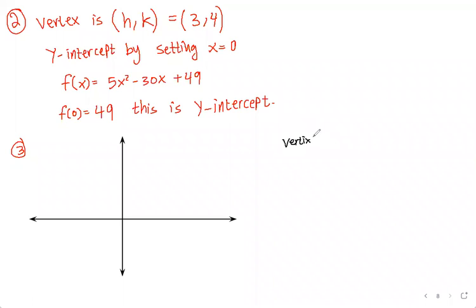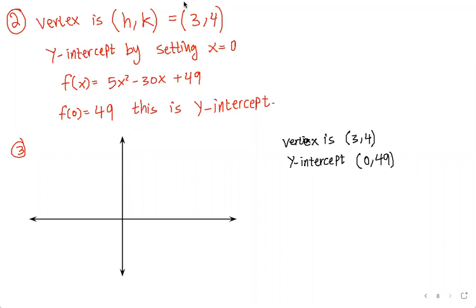The vertex here, given from the first part, is (3, 4). The second thing is the y-intercept, which is given as (0, 49). Y at 0 is 49.